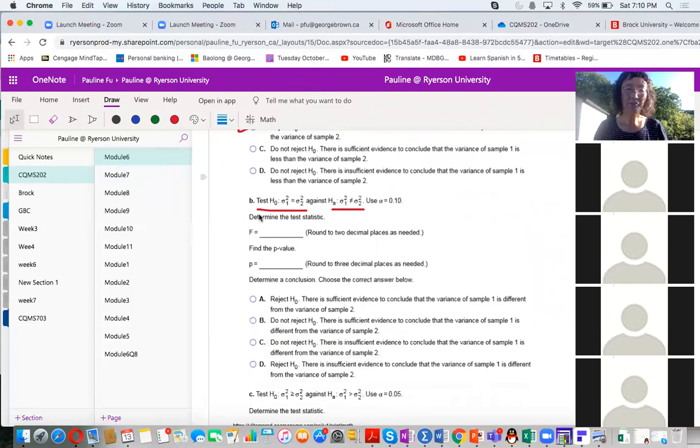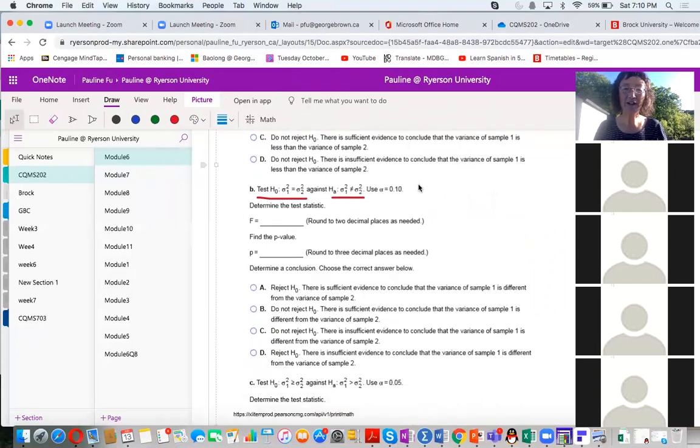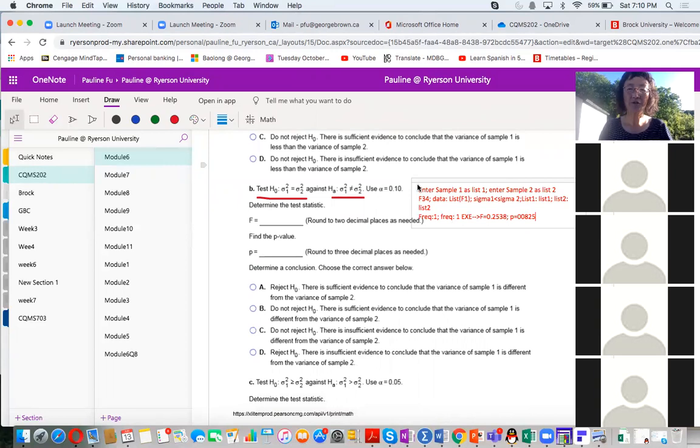And then part B is a two-tailed test, okay, Control V. All right, so this is an example of a two-tailed test, you still enter sample 1 as list 1, sample 2 as list 2, and you still press F3 test, and then F4, F test, data is list, and this time, sigma 1 not equal to sigma 2 here. I have to change here. How do I change this one?